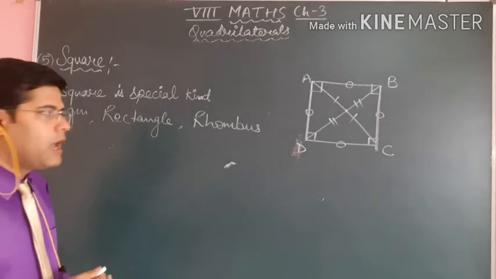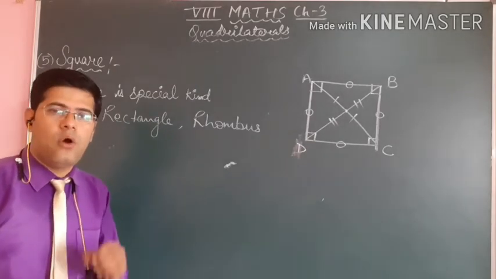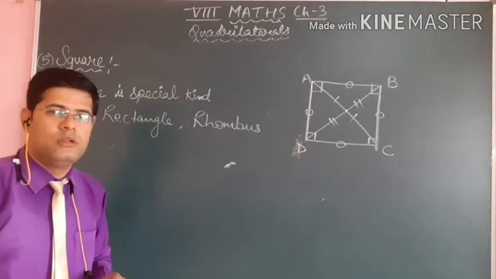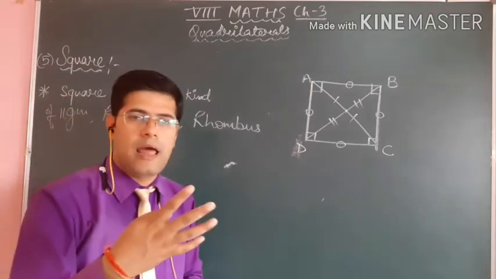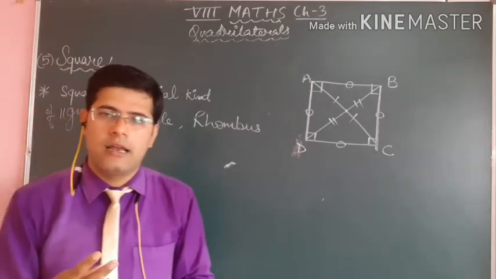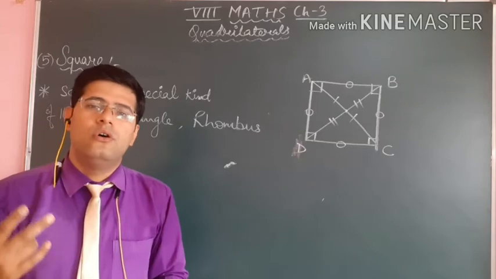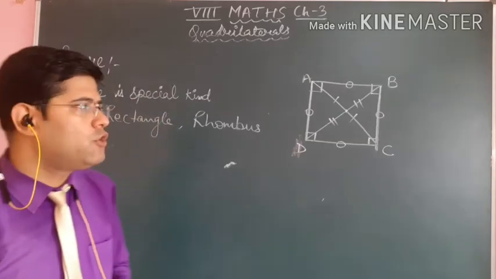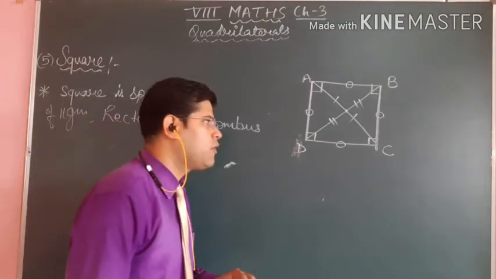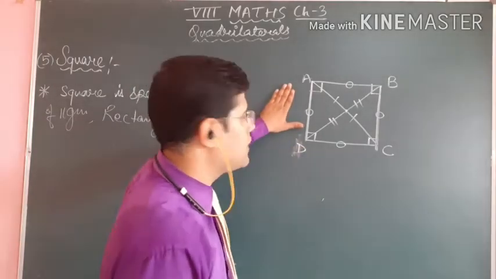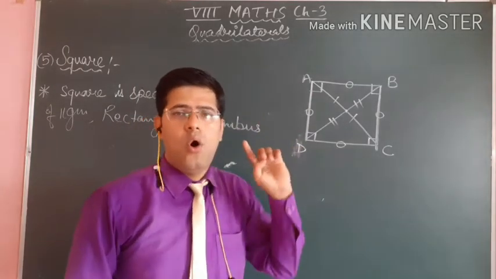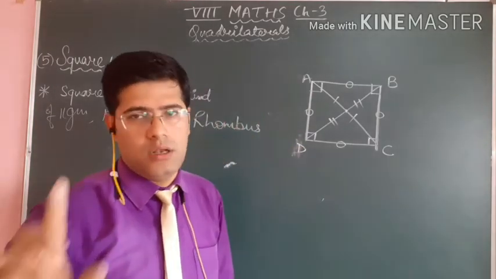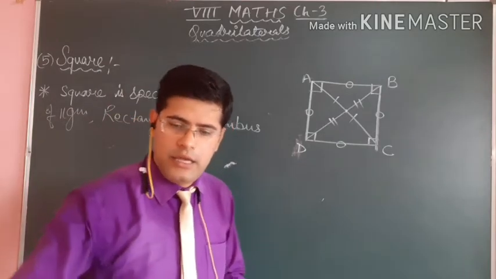Okay, students. Here we have to write all the properties which I have taught you: the first four of parallelogram, the next two of rectangle, and the next two of rhombus. In a square, all sides are equal, all angles are equal.